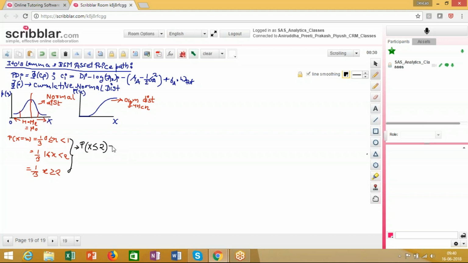So what is the probability of getting x less than or equal to 1, plus the probability of getting x greater than 1 and less than or equal to 2?